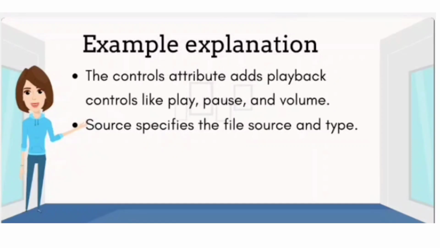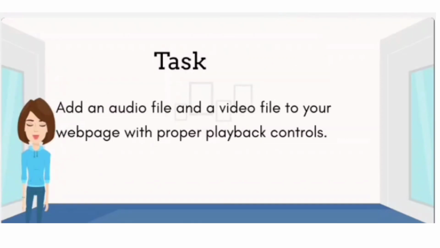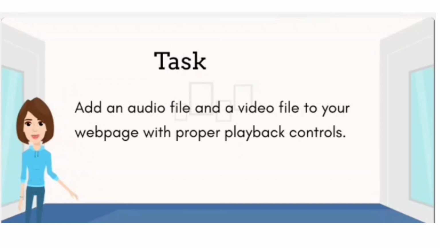Here is the example explanation. The controls attribute adds playback controls like play, pause, and volume. Source specifies the file source and type. Create a task like add an audio file and a video file to your web page with proper playback controls.